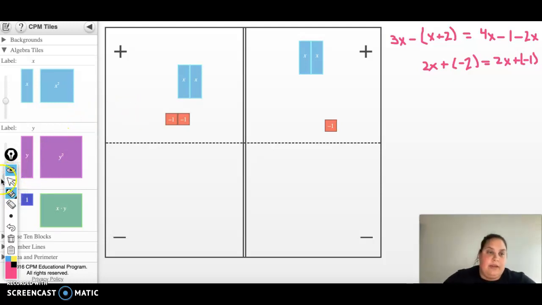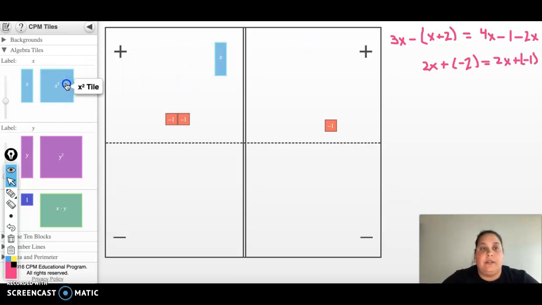So I notice on this side I have 2 x's and on this side I have 2 x's. So that means I can take these 2 matching ones away and I can take these 2 matching ones away. Notice I don't have any more x's. Those x's canceled.